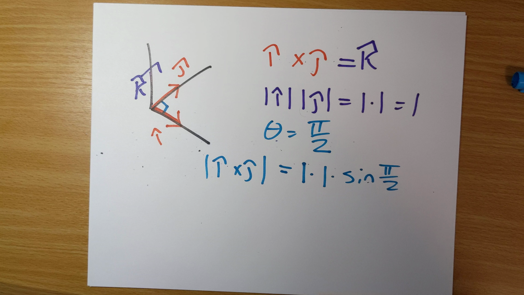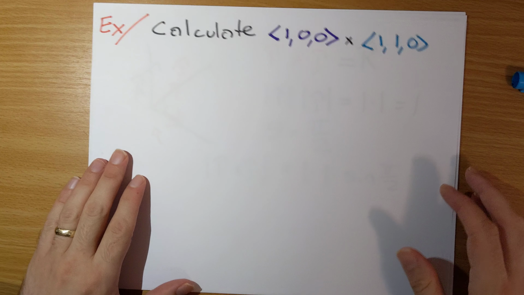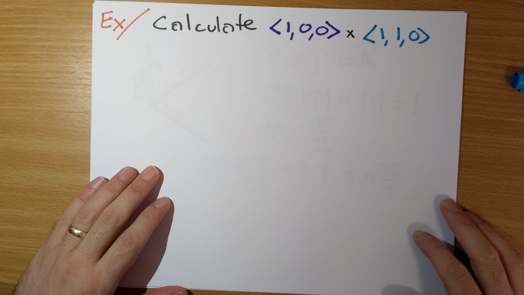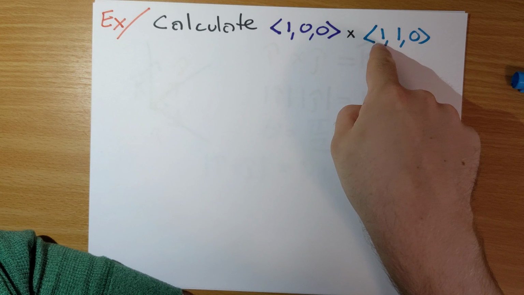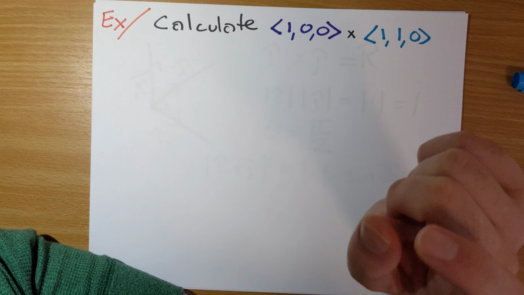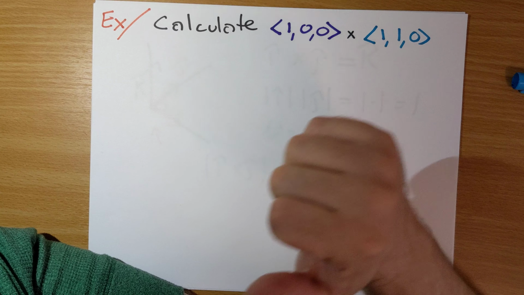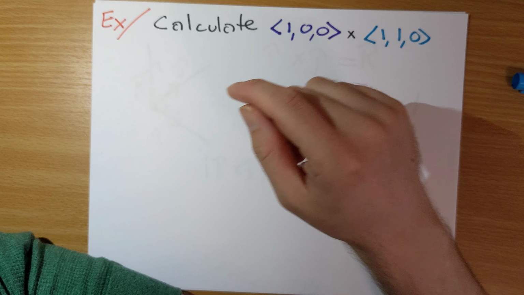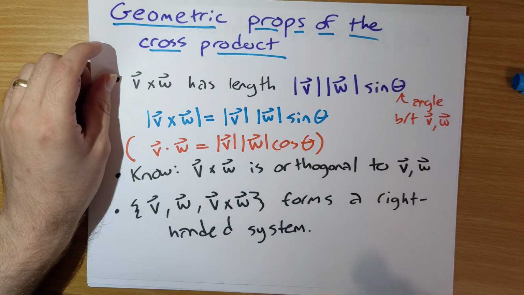Okay, so this is a pretty easy example just to verify things in terms of what we did before. Let's do an example here. Let's calculate the cross product of 1, 0, 0 cross with 1, 1, 0. So we could do this using determinants, but let's do it using this information here.